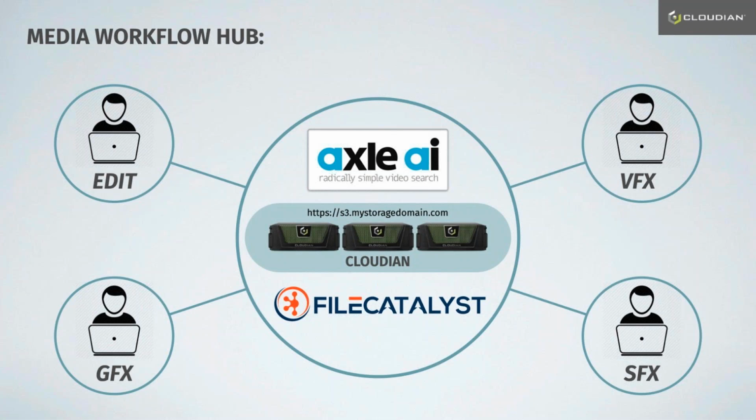And then underneath all of that, FileCatalyst provides a high-speed file acceleration framework for extending all of this asset management out to my remote workers, who are editors in the field, graphics artists who are contractors or third parties or working from home, visual effects artists, sound effects artists, or music composers.